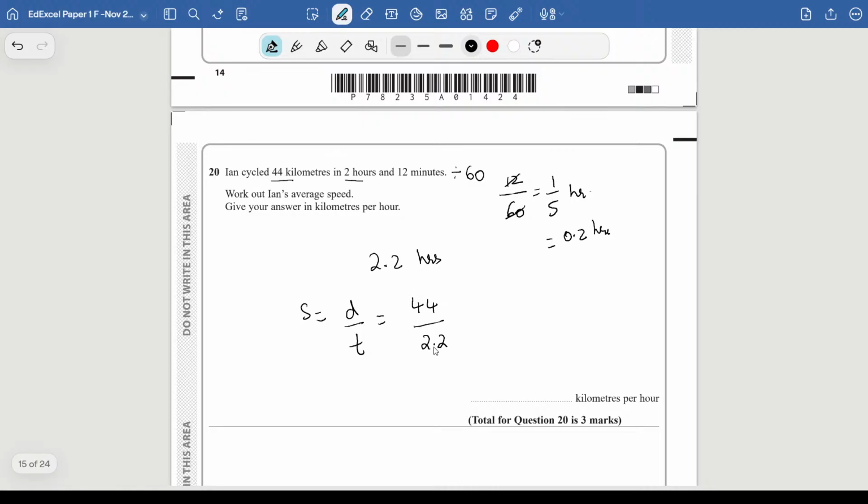We see there is a decimal in the denominator. If you want to get rid of the decimal in the denominator, you need to multiply the numerator and denominator by 10. So you have 440 over 22. So this is like, 11 twos is 22, 11 fours is 44. So there's a 0. 2 goes into 20. So the answer is 20 kilometers per hour is the speed.